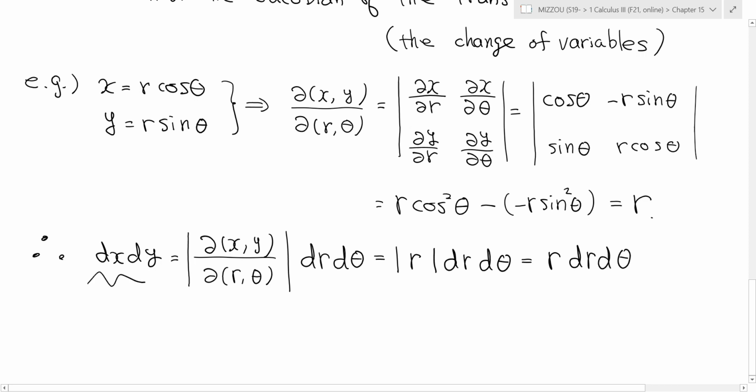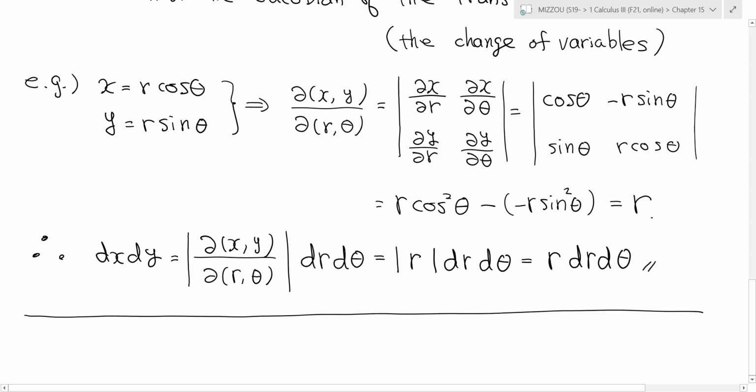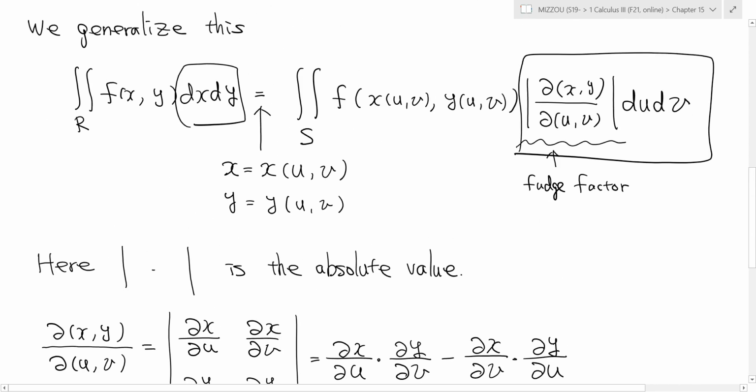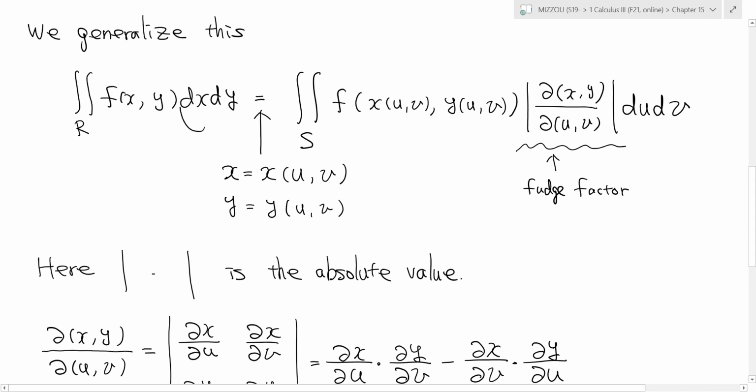And this is the formula for the polar coordinates. So therefore, after all, this formula is just a special case of a more general formula: dx dy is equal to this.